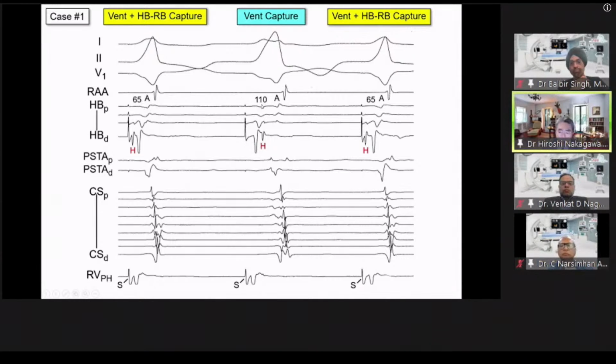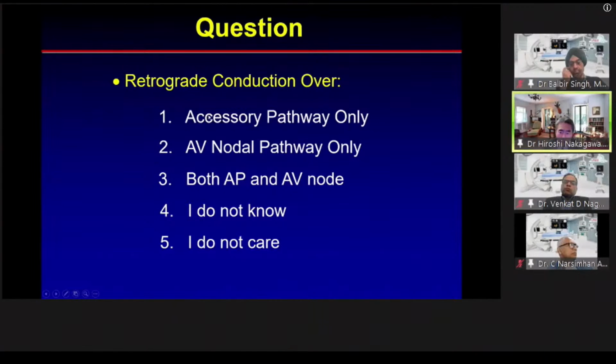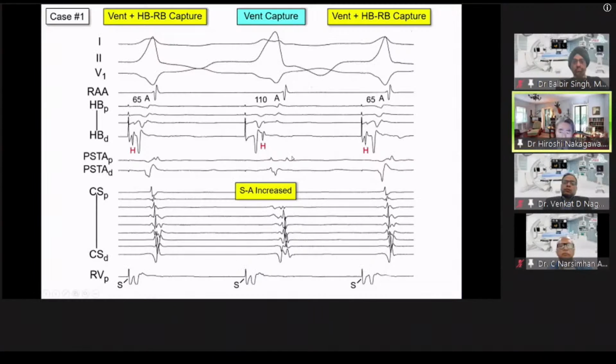Stimulus-A is 65, then 110 with B capture only. If you capture both, again 65 is short. So the question is, what does this mean? Look at the stimulus-A interval: it increased from 65 to 110 when His capture is lost.